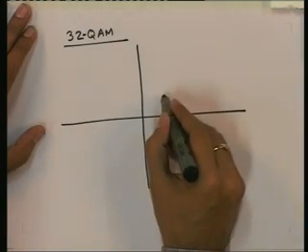Now let us draw other constellations which are also used in practice. 32 QAM. So it looks like this. You basically have the 16 QAM constellation first.